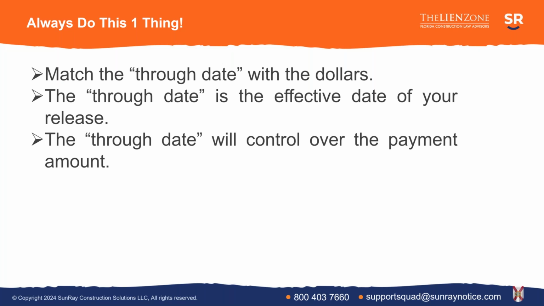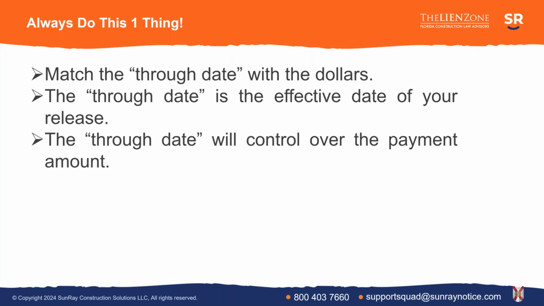So don't come back to me, the judge, and say, well, no, I actually needed 10,000, not 6,000. The judge is going to look at you and say, well, then why did you sign a release that gave away your rights through the end of the month for only $6,000? So you need to make sure that you match the through date to the dollar.